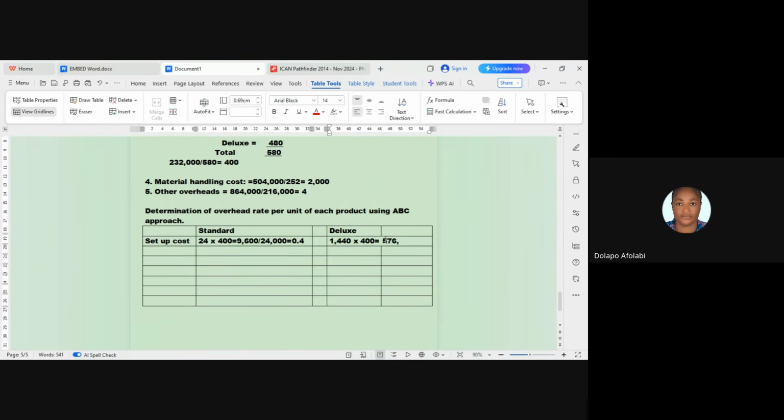So divide by the units. So we have it as what? 20. Maybe 24.